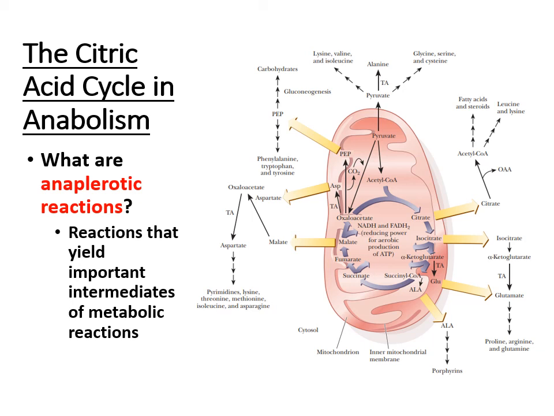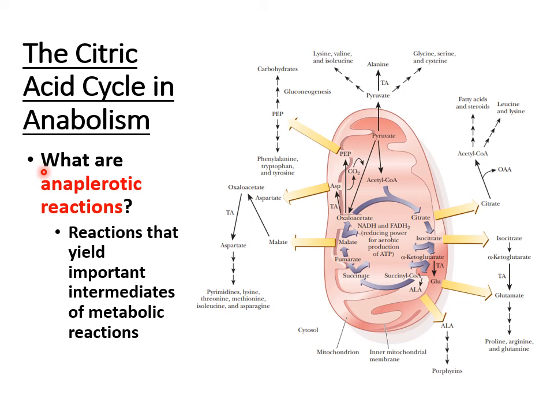Now, just like catabolism is an important way to get what we need in terms of the citric acid cycle, so is anabolism or anabolic reactions, which is building things up. You'll see here a term that I want you to know, which is anaplerotic reactions. That's basically any reaction that will yield an important intermediate of metabolic reactions.